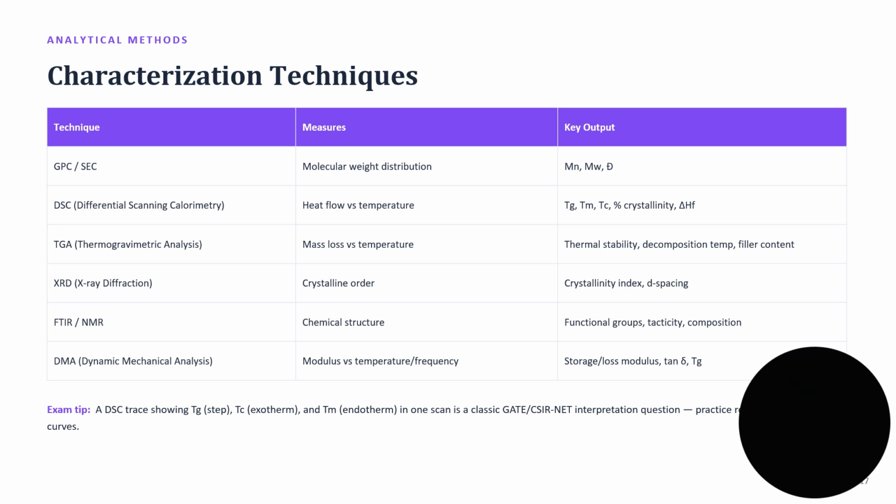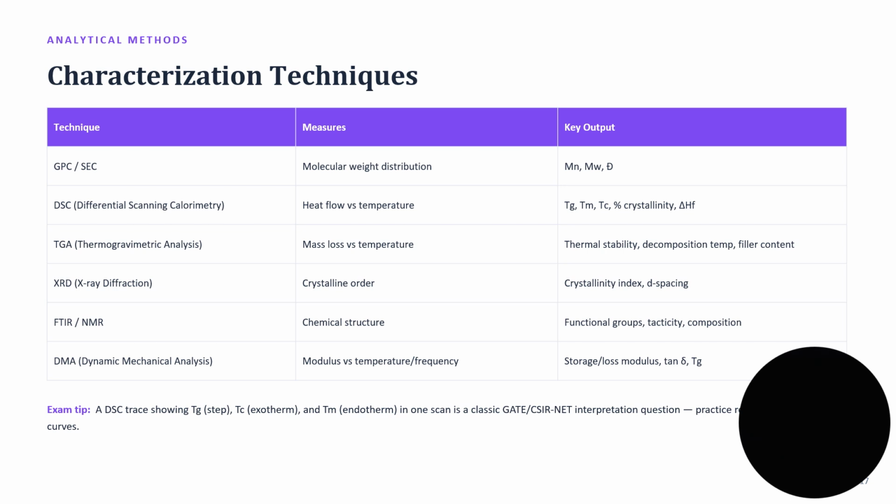GPC, or gel permeation chromatography, gives you the molecular weight distribution, Mn, Mw, and dispersity, exactly as we discussed earlier. DSC, differential scanning calorimetry, measures heat flow as a function of temperature, and from a single scan you can extract the glass transition temperature, melting temperature, crystallization temperature, percent crystallinity, and the heat of fusion.